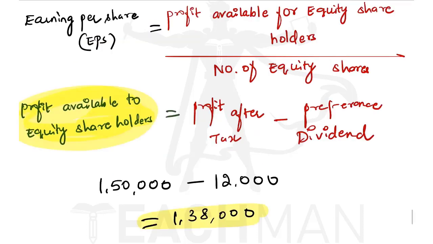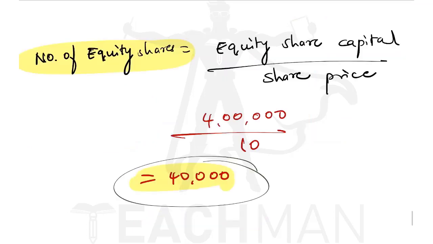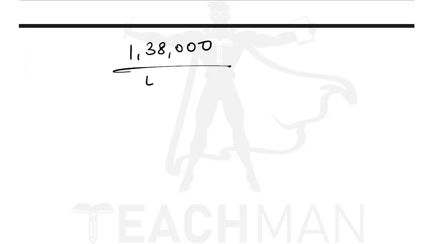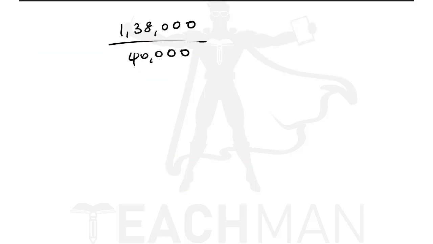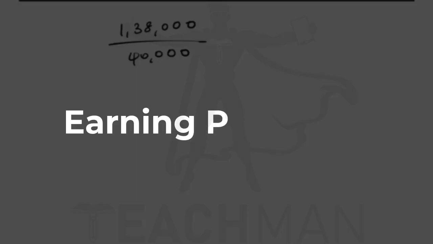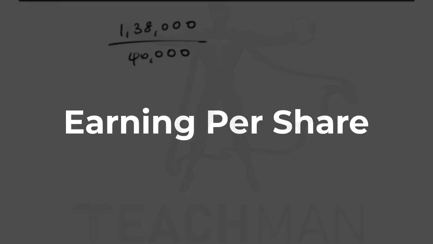Now let us substitute this in the formula. First is profit available for equity shareholders, that is 1,38,000 divided by number of equity shares, that is 40,000. Here we will not multiply by 100, because it is earning per share.